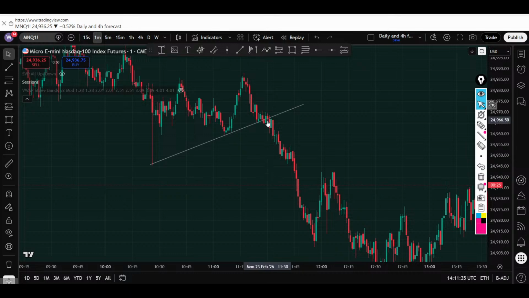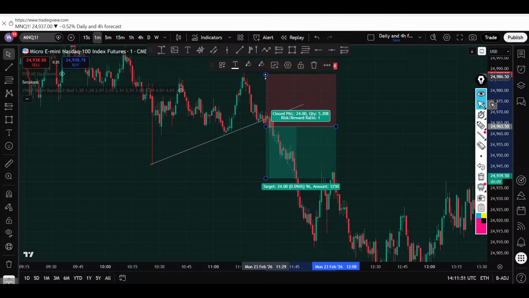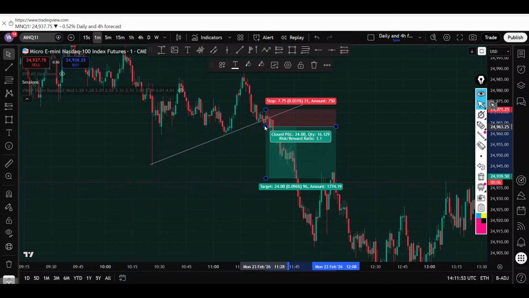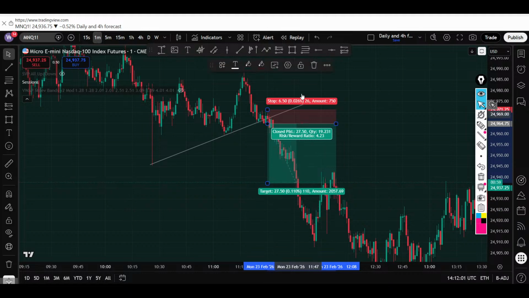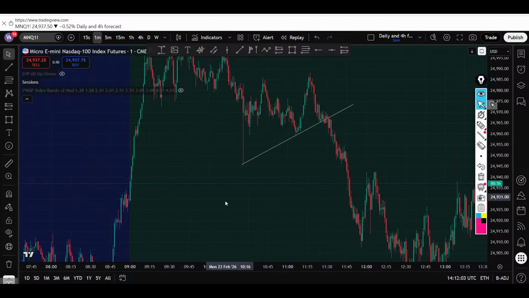As soon as this 1 minute bar closes below the trend line, I'm entering, and then you put your trade on, and it's nice, it gives you good risk reward. But you have to wait for this.